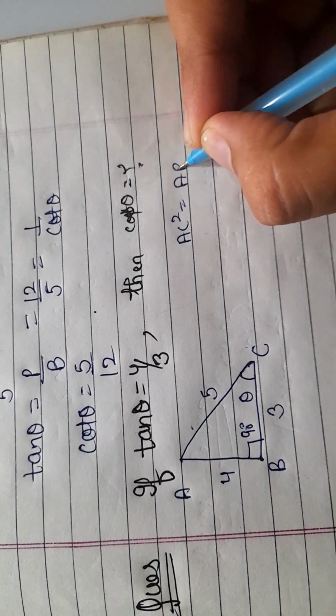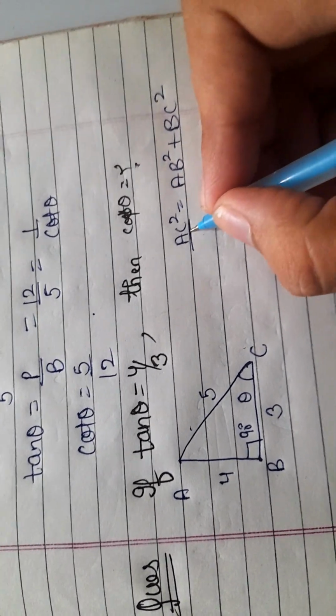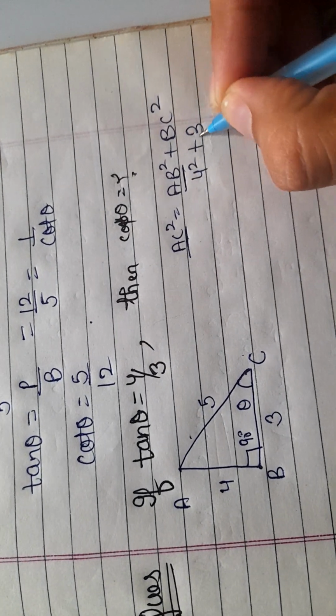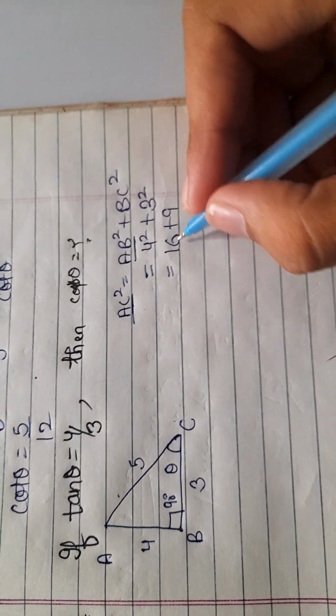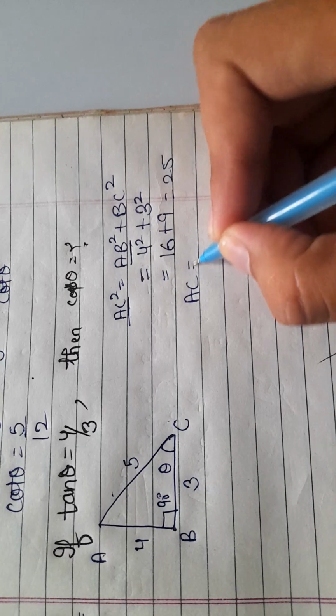AC square equals AB square plus BC square. We need to find it. It is 4 square plus 3 square, means 16 plus 9. We get 25, means AC equals 5.